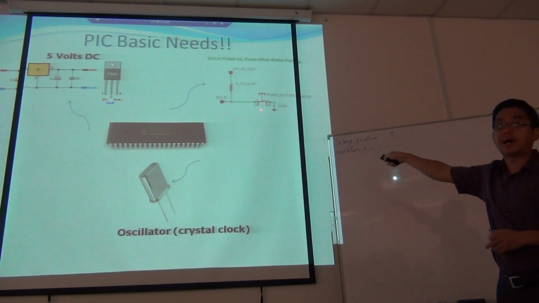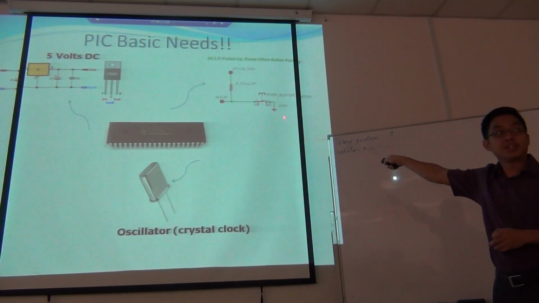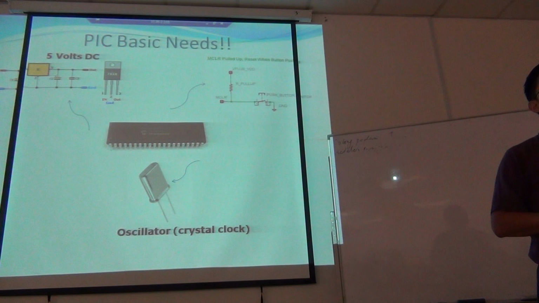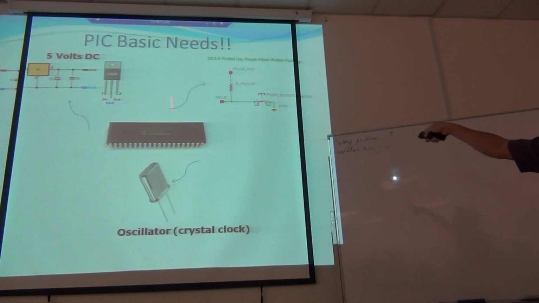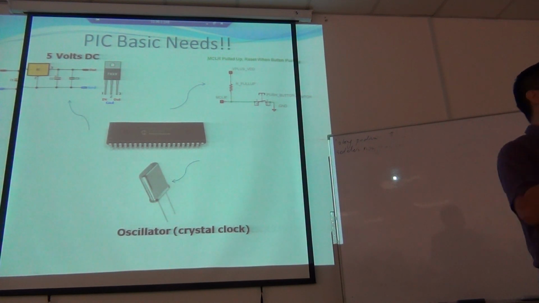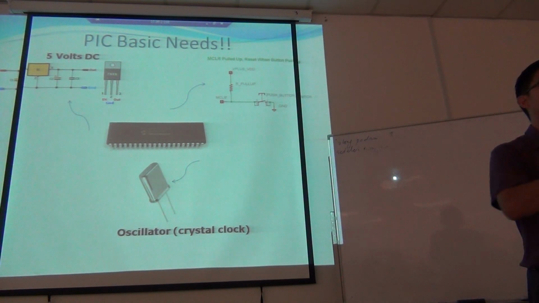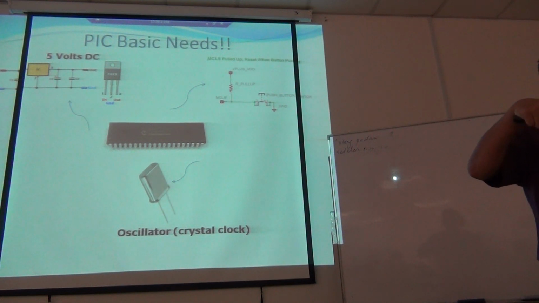When you press this button, it will be connected, correct? So that particular pin number 1 will only receive 0 volts to reset. By condition, it must have 5 volts to pull it up. If you do not put 5 volts, it's floating, it can be reset anytime. It can go up and down. So that's why you need to pull up to 5 volts, then you put a switch, and that switch makes it reset.